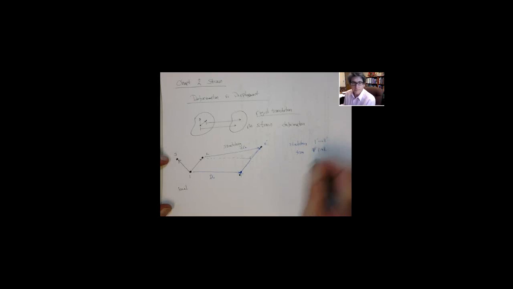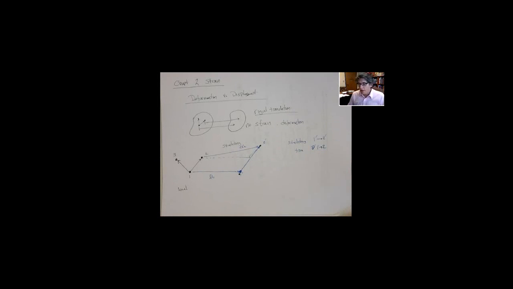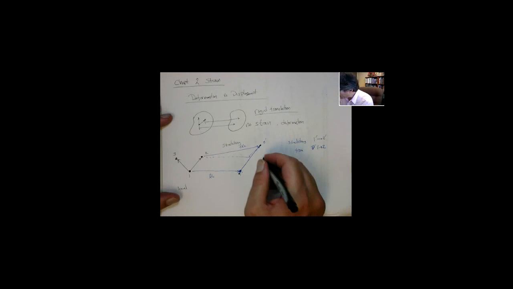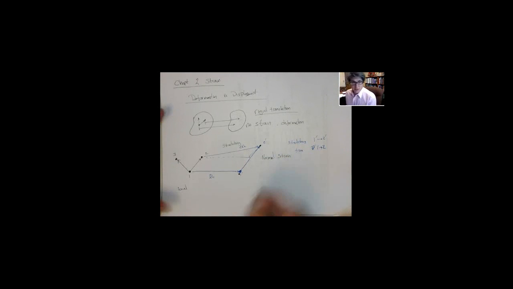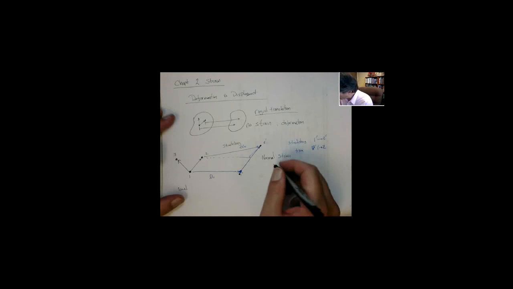Okay. Now that's one type of deformation we want to capture, and that is what we're going to refer to as normal strain. That's the one that's actually associated with normal stresses. We'll have a shear strain, as you can imagine, just like we had shear stresses, but it's associated with stretching.